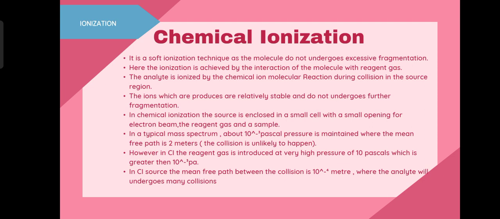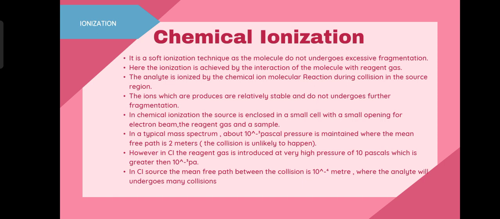Next is chemical ionization. To overcome the drawback of electron ionization, chemical ionization was introduced, and it is referred to as a soft ionization technique. Why so? Because here the molecules will not undergo excessive fragmentation.